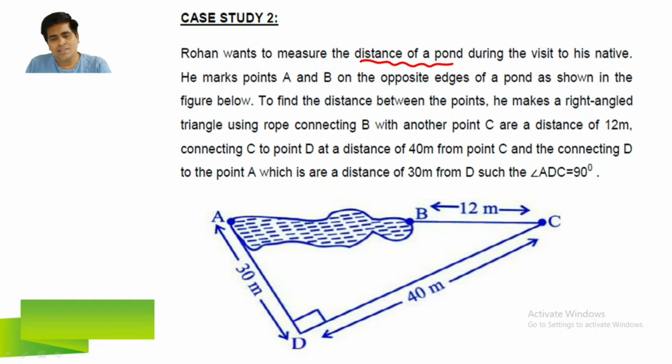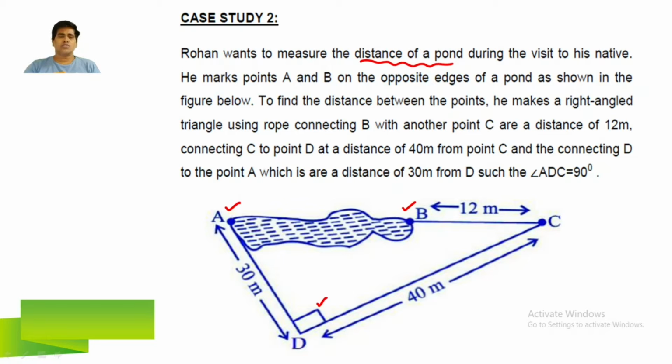To measure this, first of all, he has identified the edges of the pond, A and B. After that, edge B is connected with a rope to C, C is connected with a rope to D, and D is connected with a rope to A. So he has used a 12 meter rope BC, a 40 meter rope CD, as well as a 30 meter rope DA, and he is forming a 90 degree right angle triangle.